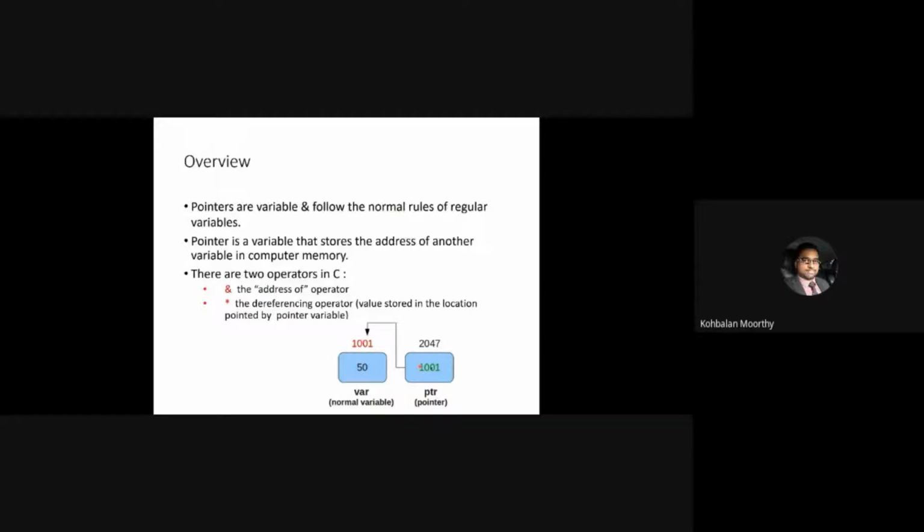Rather than storing its own value, it is storing the address of the variable that it's pointing to. But of course, since this ptr variable is a variable, it will have its own memory address. Don't worry if it's a little confusing. I'll show you an example in a while to differentiate this variable and the pointer.